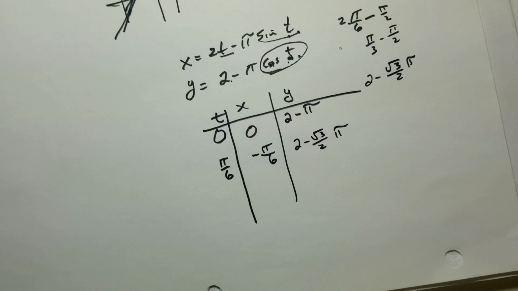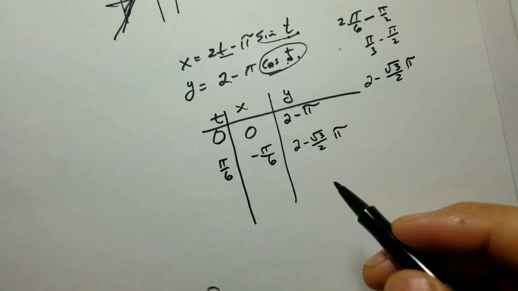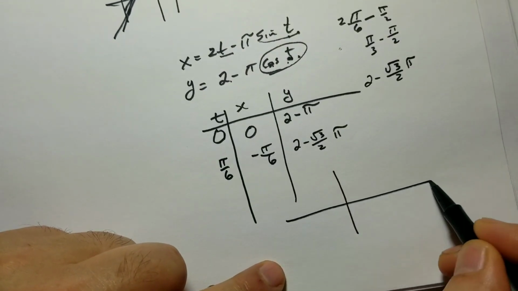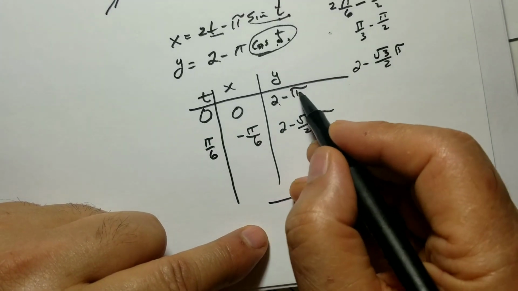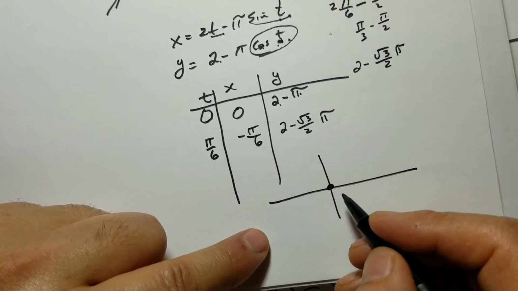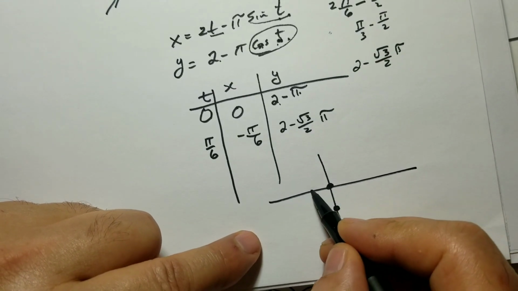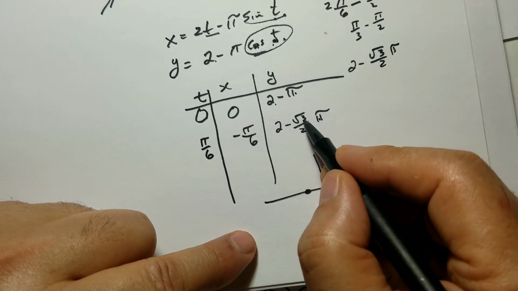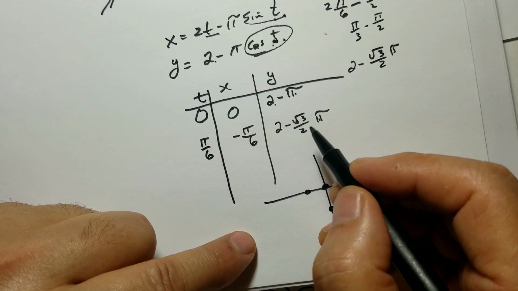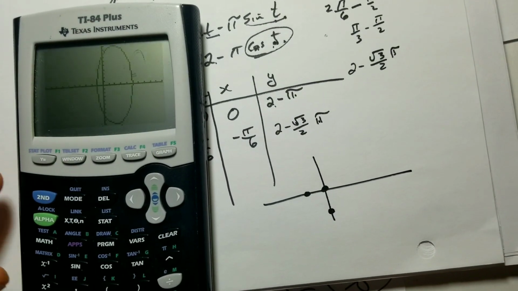Therefore, I can graph my path for those two points. My x is 0, and 2 minus 3.14 is negative something. Negative pi over 6 is in here, and that's radical 3 over 2. I need a calculator, but I think this is negative.